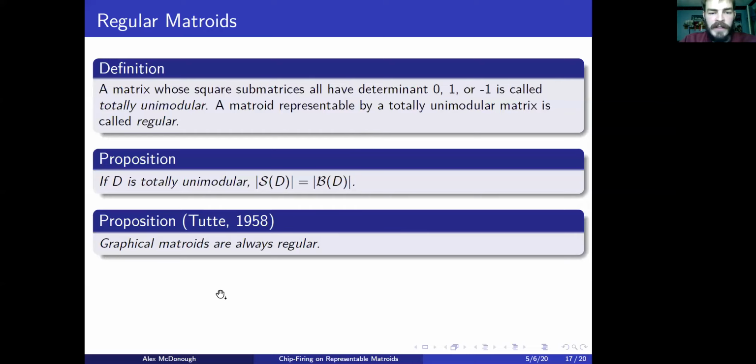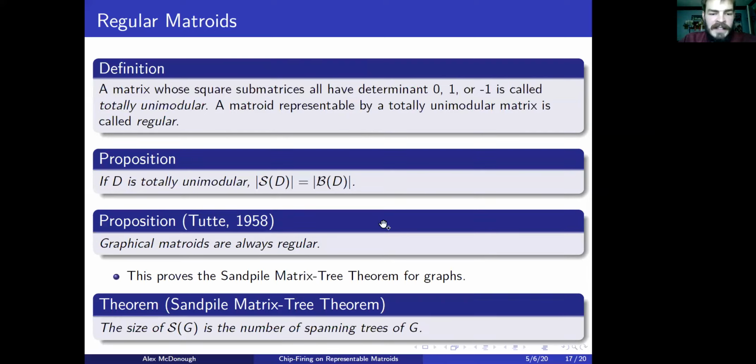There's a very classic result from back in the 50s that graphical matroids are always regular. They can always be represented by a totally unimodular matrix. In fact, both of the matrices that we gave earlier are totally unimodular representations of graphical matroids, I should say. You can show that.